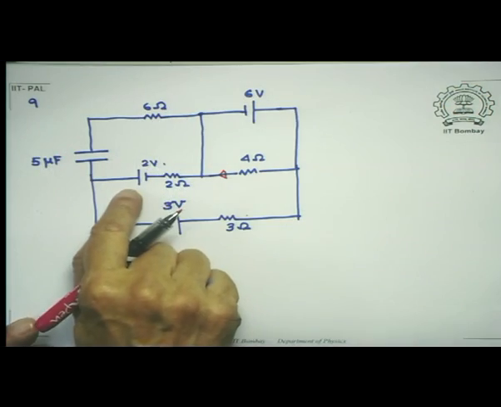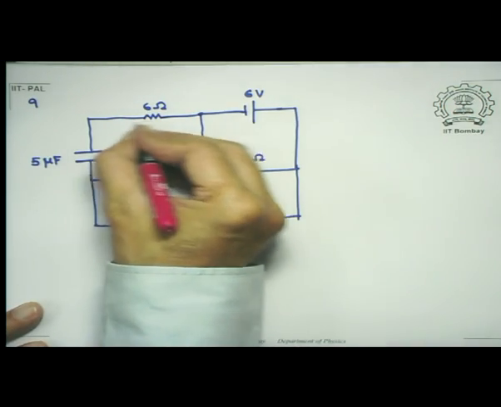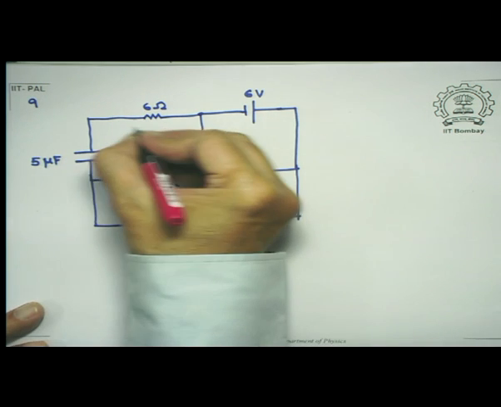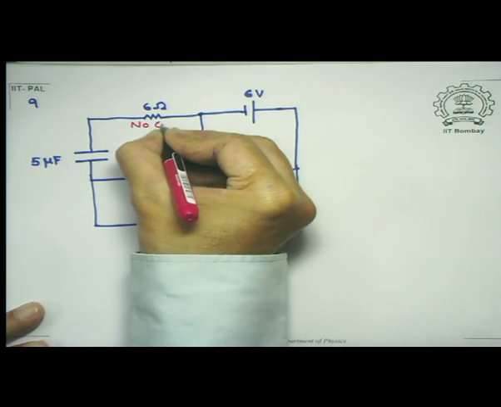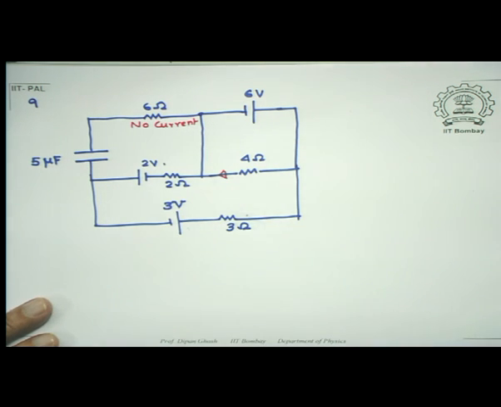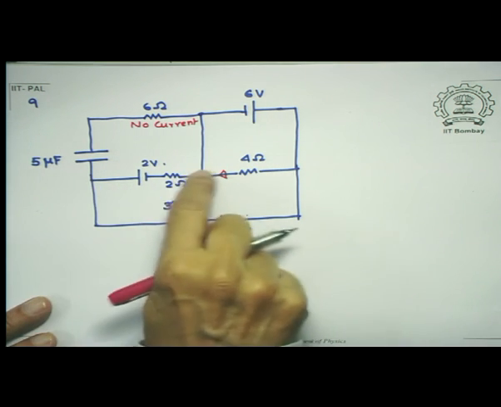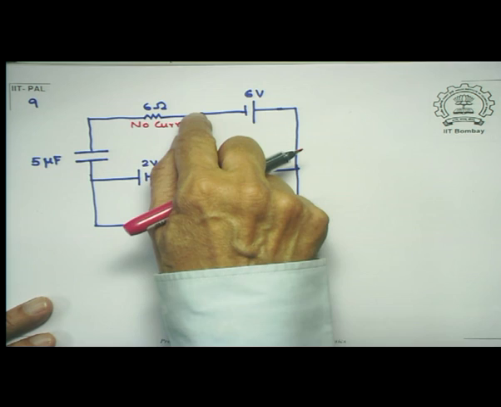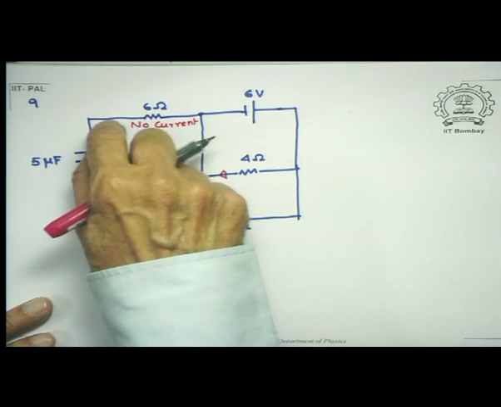So what it tells me is this, that there is no current which is flowing through this resistance. So no current here. That doesn't however mean that there is no current through this one. And the reason is very simple, that if current came through this, it will get stuck here.